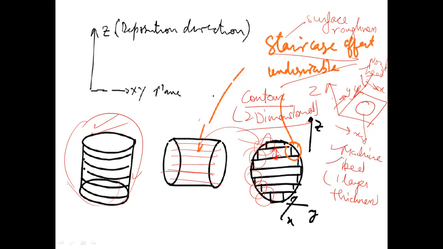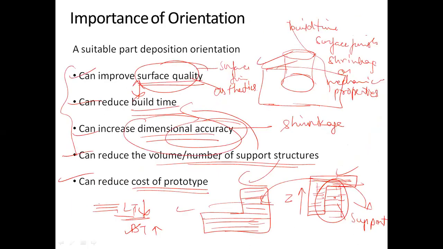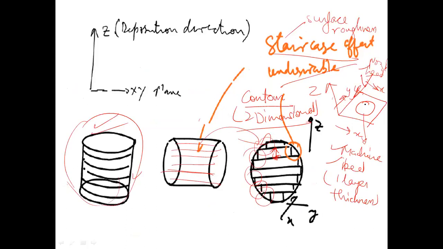So in order to control the dimensional accuracy, what you need to understand is that once the layer has been deposited, whatever heat has been dissipated on the platform has to be balanced before your next layer is plotted on the previous layer, which means again the machine bed has to move by 1 layer thickness up or down. So depending on the heat that is going to be input, the new constraint that comes is the nozzle temperatures.